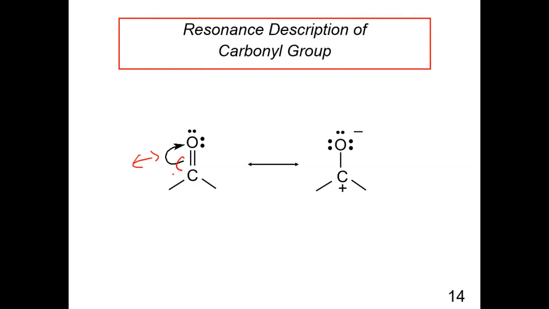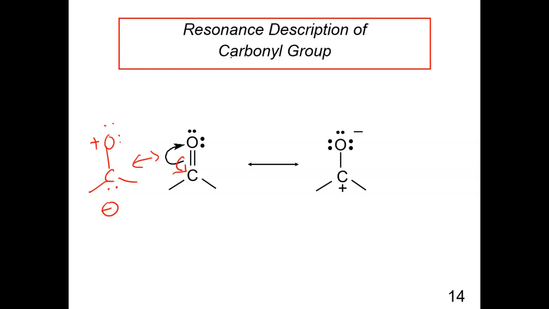Someone may say, why can't I write the other one? I just want to do this. Is this resonance form illegal? It's legal, not illegal, but the stability difference is huge.